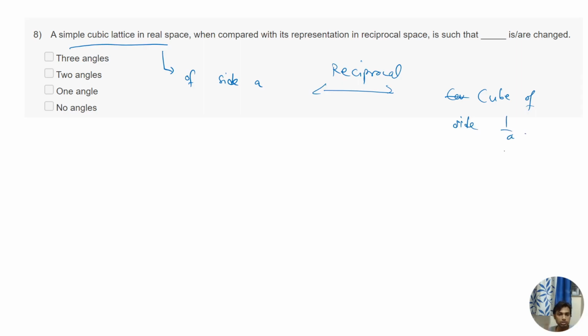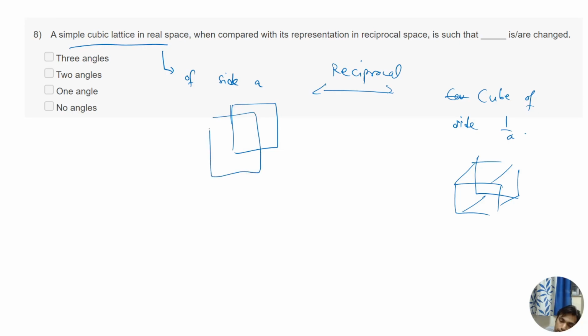None of the angles are changed because it is a cube. All the angles are 90 degrees. Here also it was a cube. All the angles are 90 degrees. So no angles are changed.